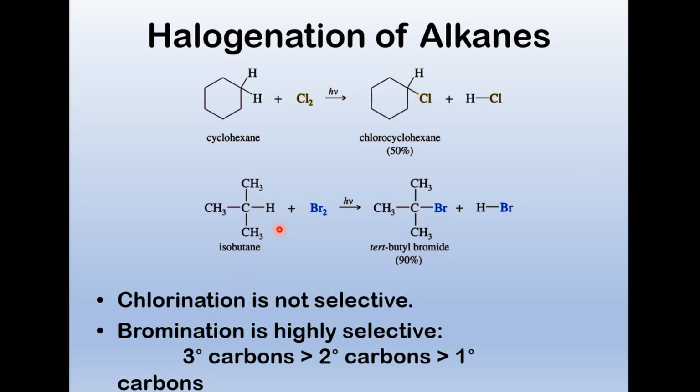Where down here, it's a lot more selective, and you're going to get the t-butyl. And that's because a tertiary radical is so much more stable than a primary, which is what you'd have to do to stick it out here. Notice all of these, you're going to have a secondary radical.